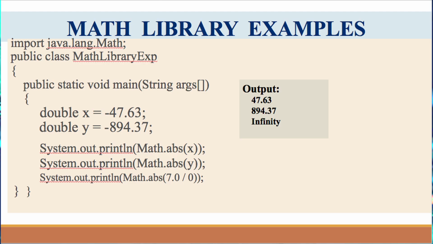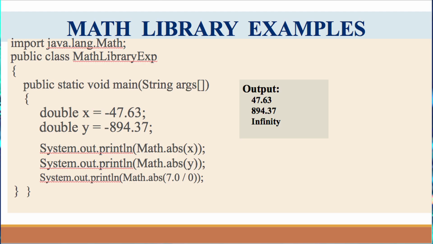How can we say lang is a package and Math is a class? Because in the Java programming language it is a rule that all class names start with a capital letter. So Math is a class because it starts with a capital letter, and lang is completely in small letters. All packages are written in small letters. That's why java and lang are packages and Math is a class.